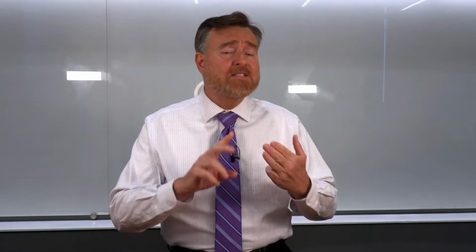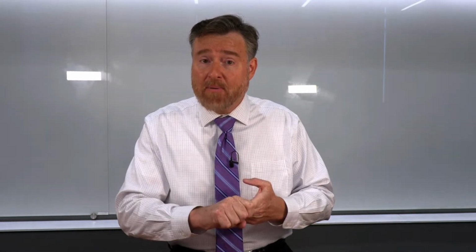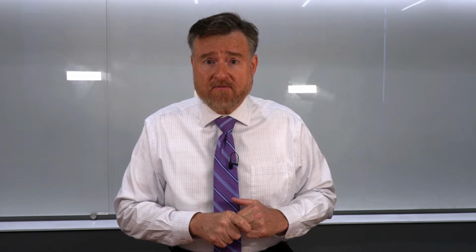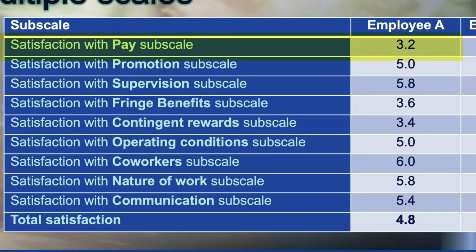So this is someone who likes his or her coworkers, likes the boss, likes the job, but when we look at other subscales, we find that this person is dissatisfied with the pay and the contingent rewards. So for instance, maybe the health insurance plan is lacking and the pay is low, but this person really loves the work that he or she is doing.